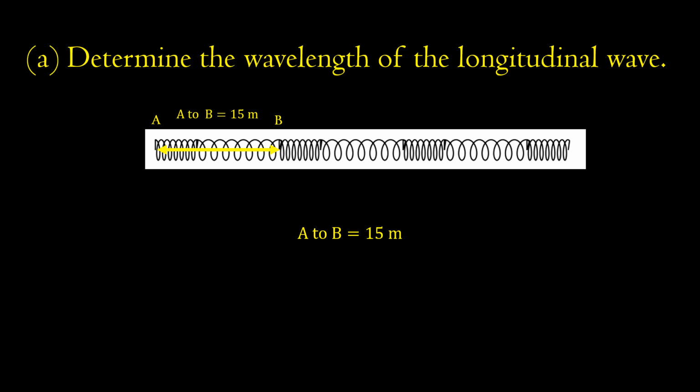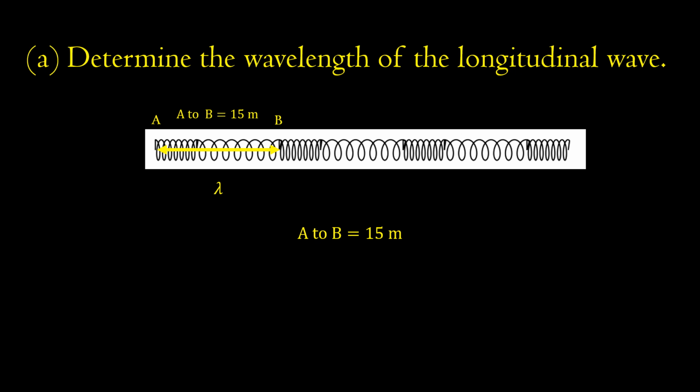More scientifically, we say points A and B are in phase because they are separated by a full or complete wavelength. The distance for one complete compression and one complete rarefaction is one wavelength.